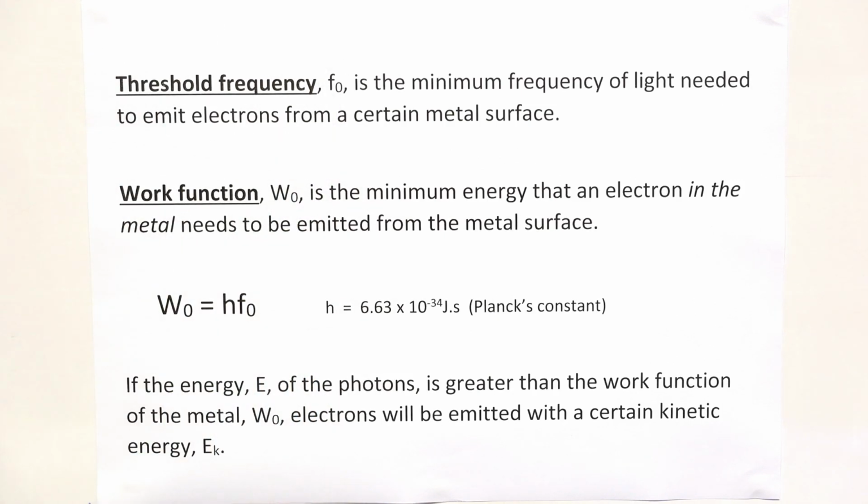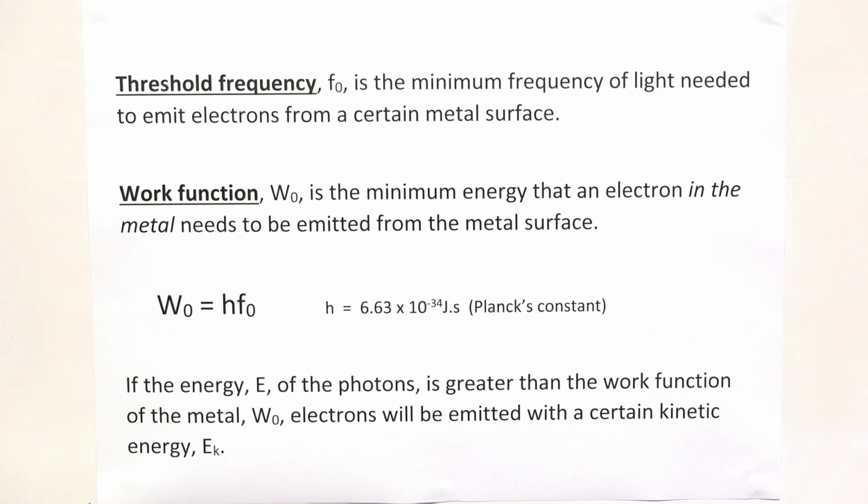Please make your subscripts look like subscripts. A lot of you are being penalized in your tests and exams because your subscripts are written too high or too big. The definition for the work function, which is a capital W for work with a subscript 0: work function is the minimum energy that an electron in the metal needs to be emitted from the metal surface.